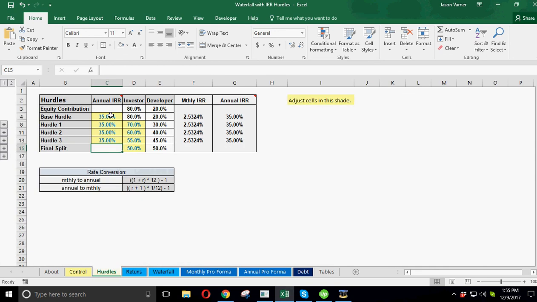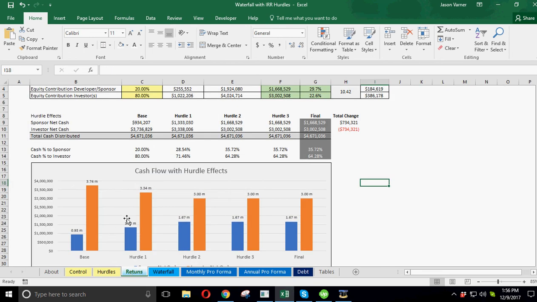Let's say we got 11, 15, and then we only got to hurdle 1. You can see now hurdle 1, and that's what the final is going to be. So the only way the final is going to change is if you've gotten any cash flow that resulted in an internal rate of return that's higher than your final hurdle. Otherwise, it's going to match whatever the last one of these was.